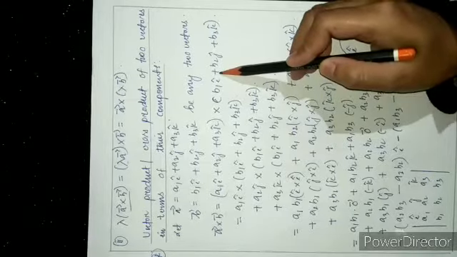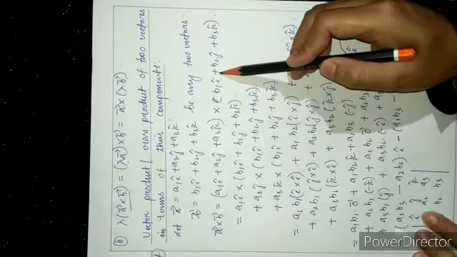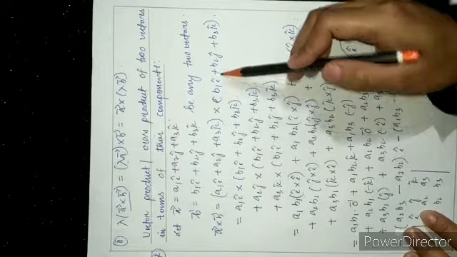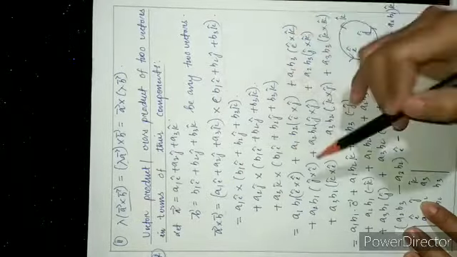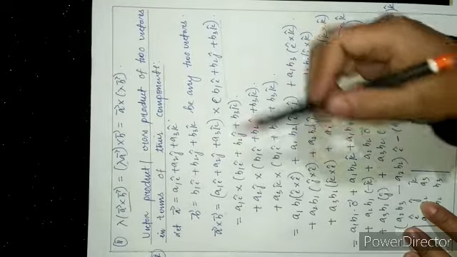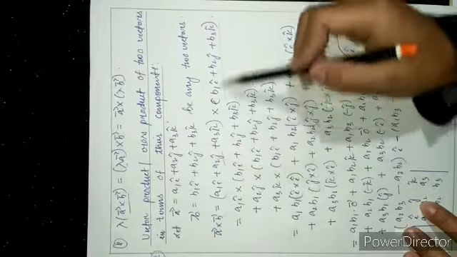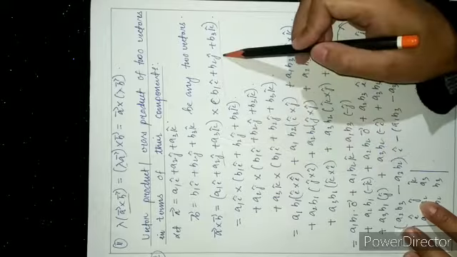As in the scalar product concept, the first term of A is multiplied with the B vector, then the second term, then the third term.